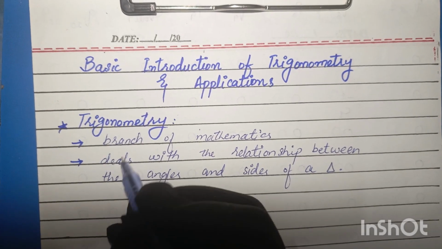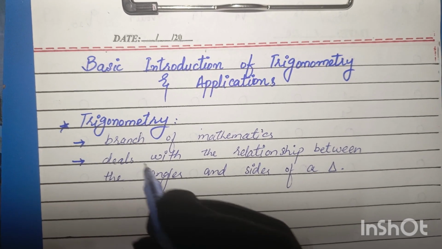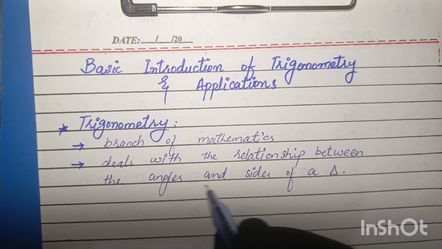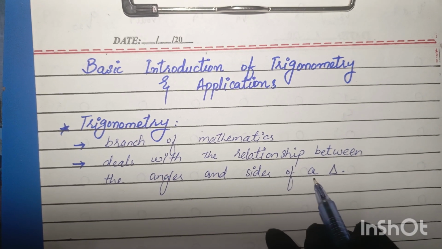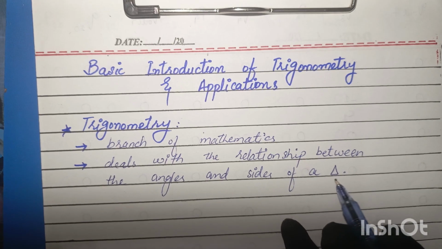It means trigonometry is a branch of mathematics which deals with the relationship between the angles and sides of a triangle. A triangle can be of any type.